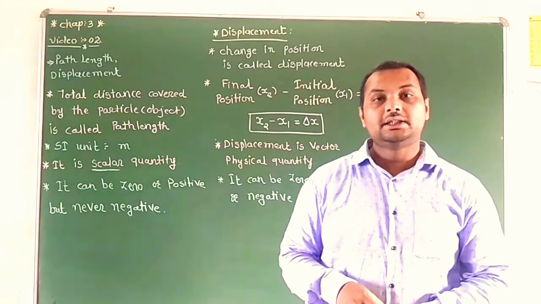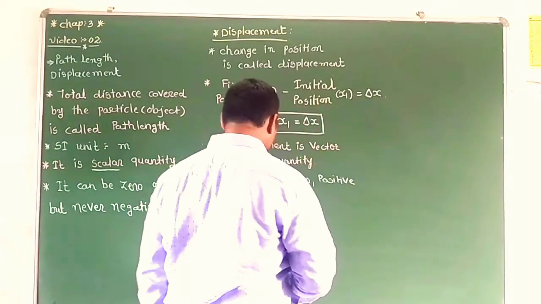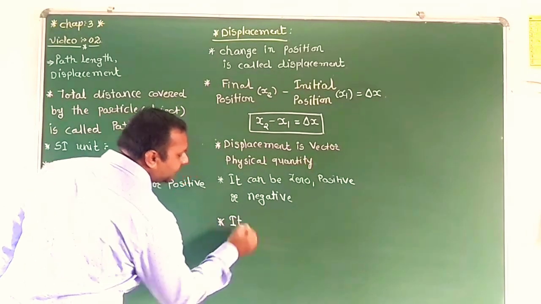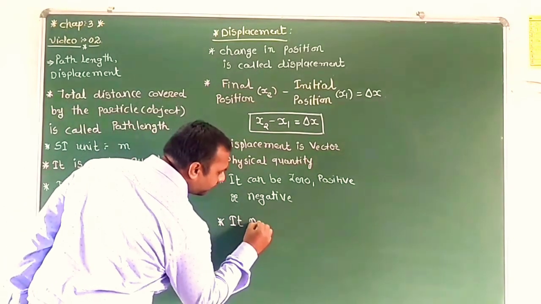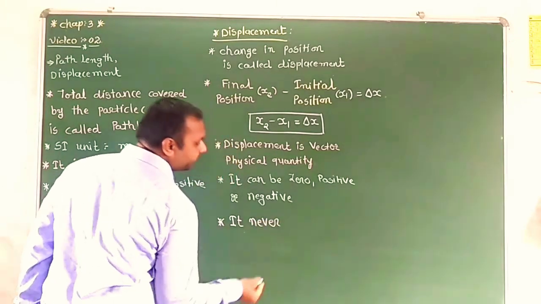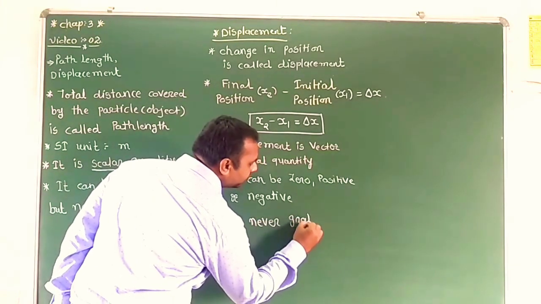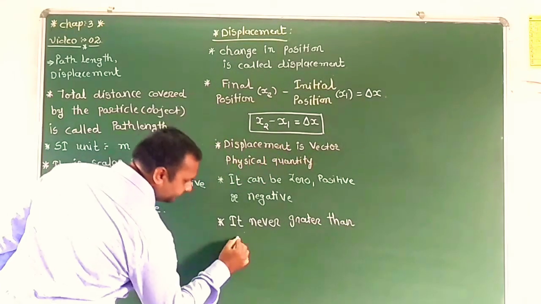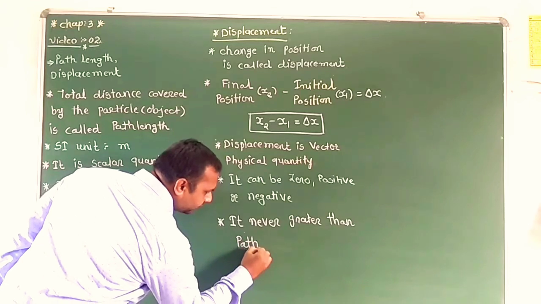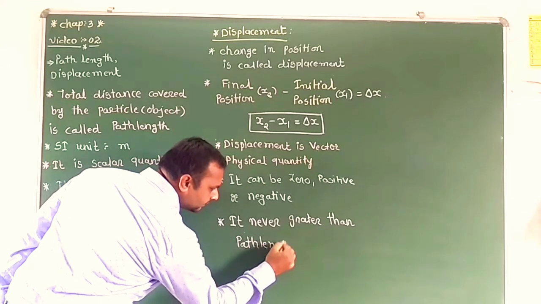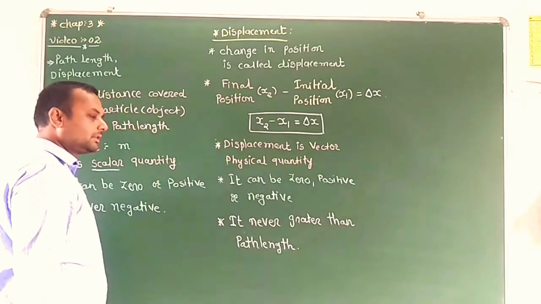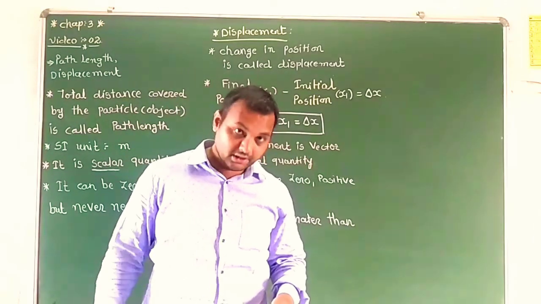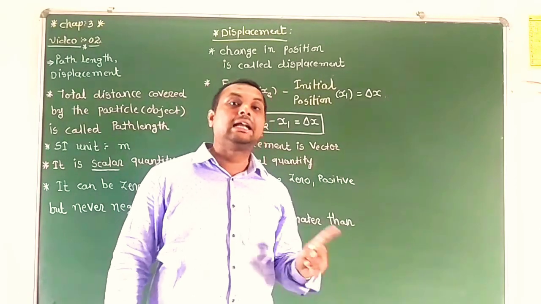Okay, so its most important characteristic is that displacement is never greater than the path length. Okay, it might be equal, it might be less, but it never will be greater.